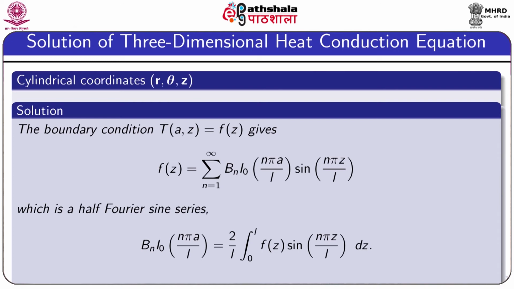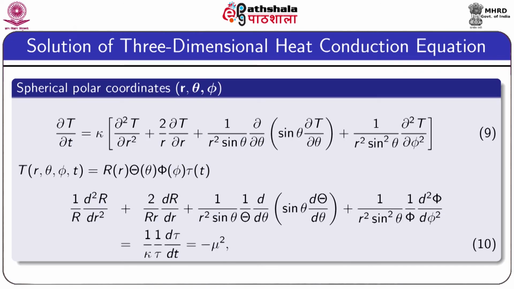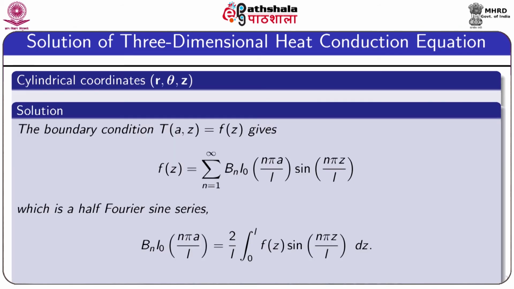Then using the orthogonality property of the sine function, we can obtain this relation which is given here. From this equation we can get the values of Bn.